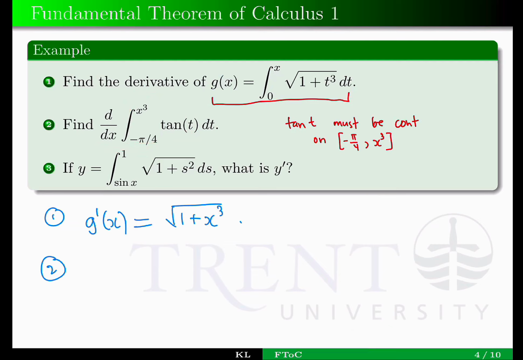So in here, to be sure that the tangent function is continuous on this interval, we'll just assume that x cubed is less than pi over 2, and of course greater than or equal to negative pi over 4.